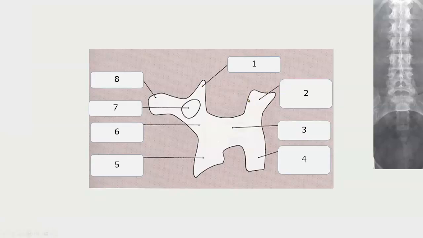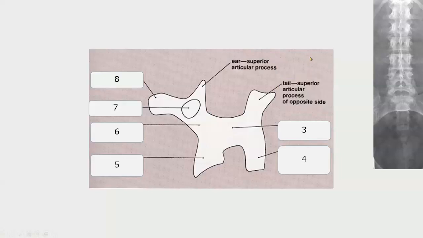Number two, now this is something we didn't get into in the tail portion. And it's an odd one. This is the superior articular process of the opposite side. Go figure. Superior articular process of the opposite side.